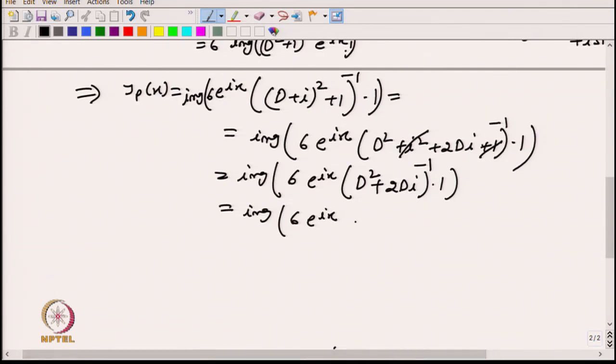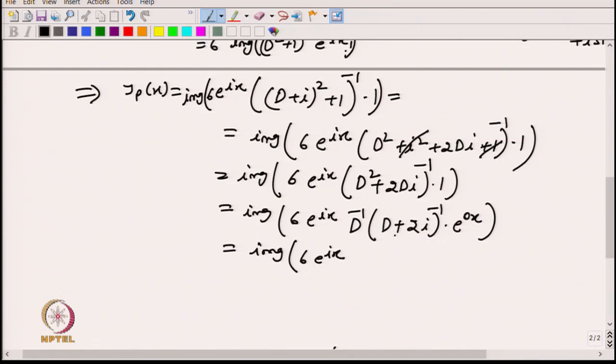and from here I can take my D inverse common. So inside I will get D plus 2i, and that is the inverse of 1, and 1 I can put as e^(0x). So from here I will get the imaginary part of 6 e^(ix) and D inverse, and this one I can solve just as we solved for the exponential function.